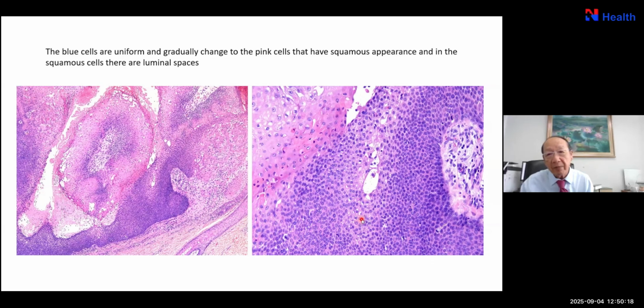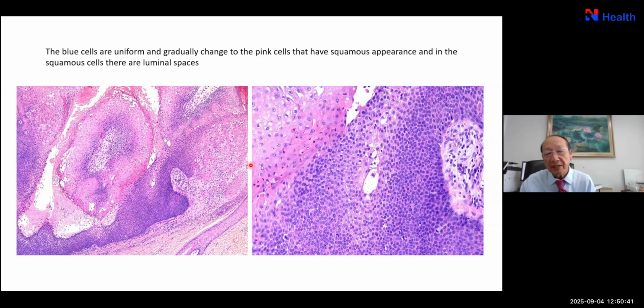And in the middle of the lesion, there is some lumen. This is the same thing as this side, only that the pink cells, or squamous cells, are larger, and the cystic spaces are larger.